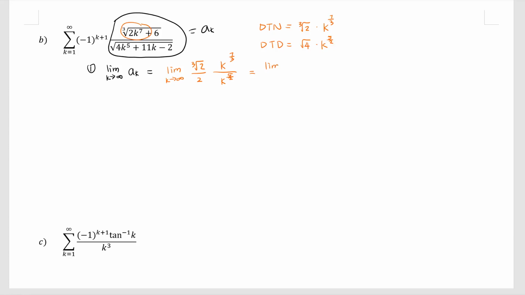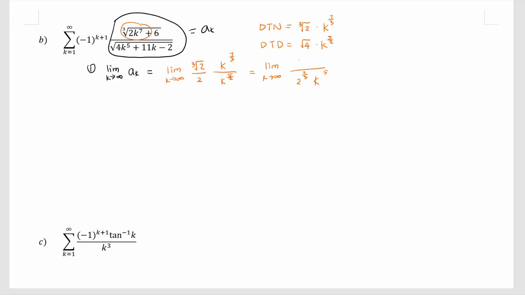So 7/3 and 5/2, which one is bigger? It's actually 5/2 that is bigger. And the cube root of 2 and a 2 you can cancel. You get 2 to the 2/3, because it's like 2 to the 1 minus 1/3, which is 2/3.